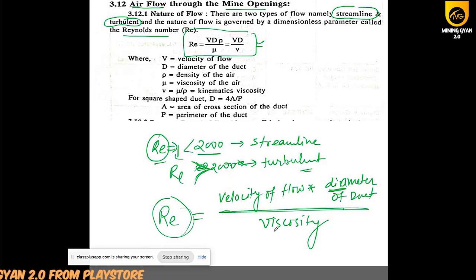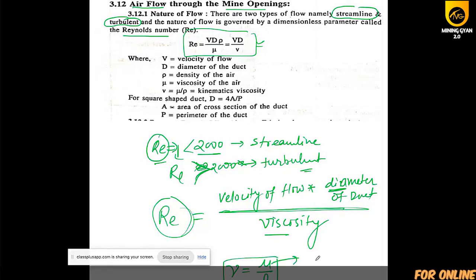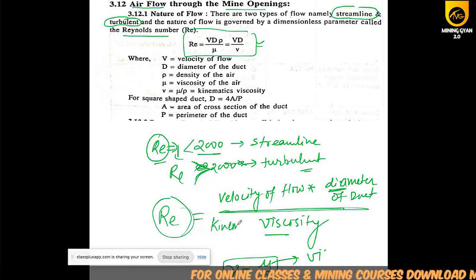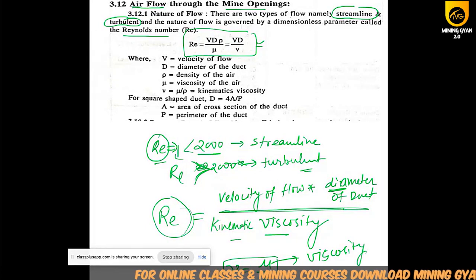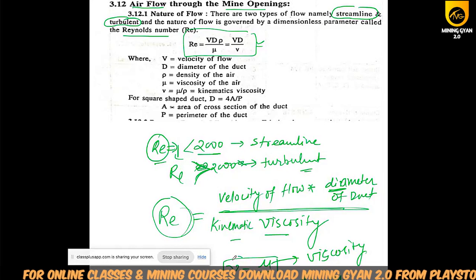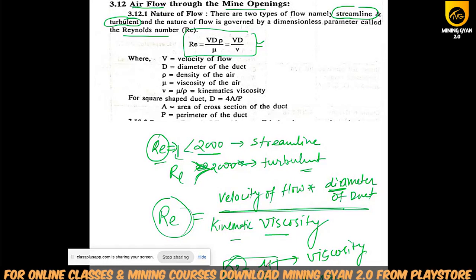As we know viscosity, you can also write mu by rho. What is mu? This is the kinematic viscosity, and rho is the density. This is the kinematic viscosity. Just remember this formula. Tomorrow I think we will start the numericals, so it will help you.